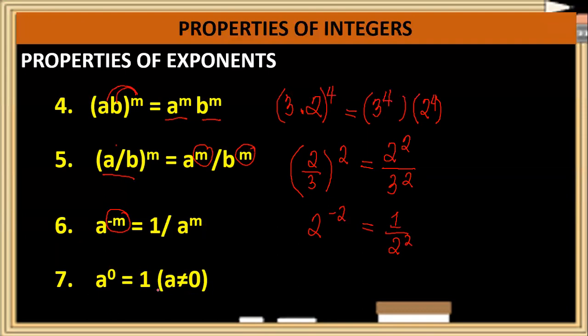Also, any integer raised to the power of 0, for example 2 to the power of 0, is equal to 1. These are our properties of integers.